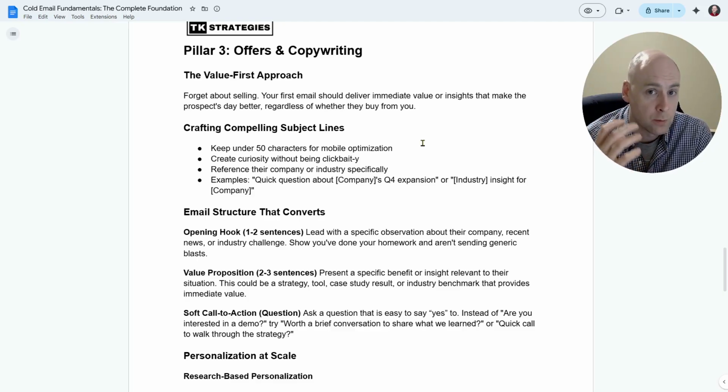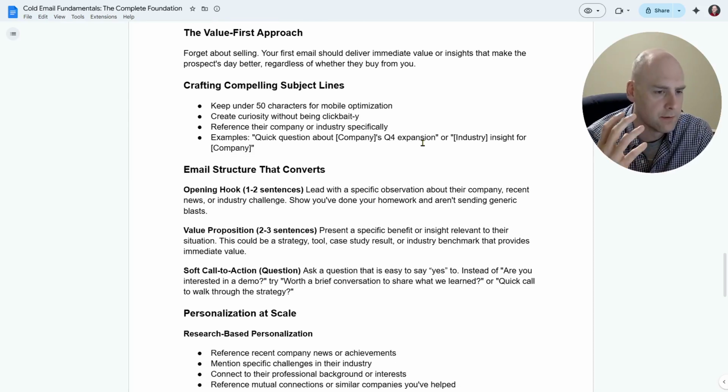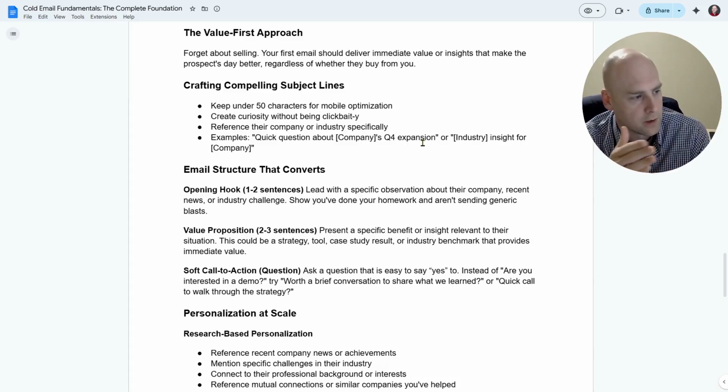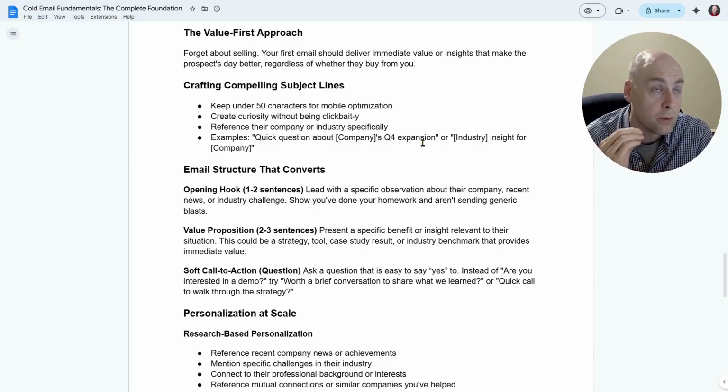With respect to the actual body of the email, obviously you want to have the fundamentals of a cold email. So you want to have some hook, a value proposition, and a call to action. Now, a lot of people talk about personalization.